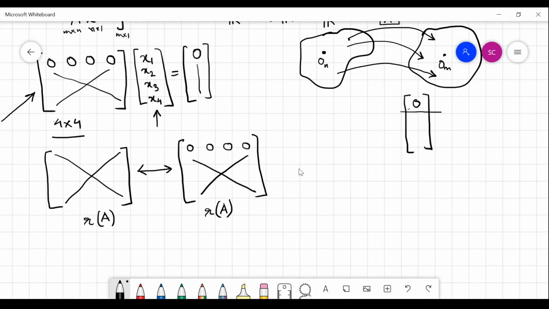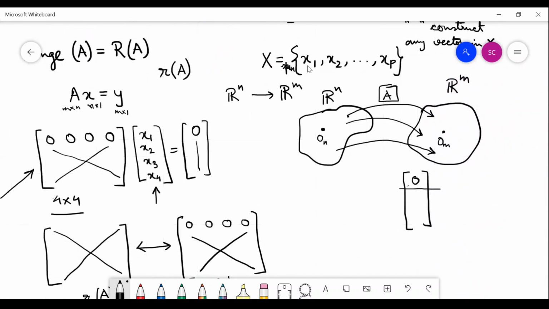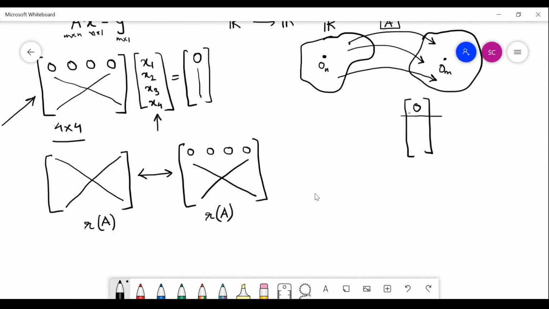Also, what is the range space? Range space we can express in terms of span of some vectors, right?